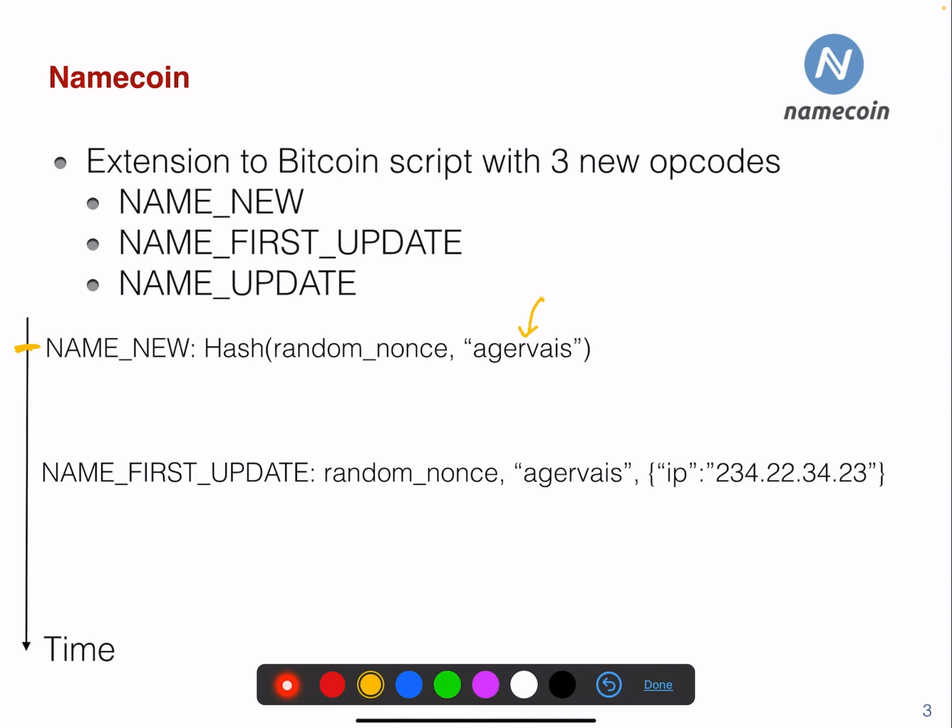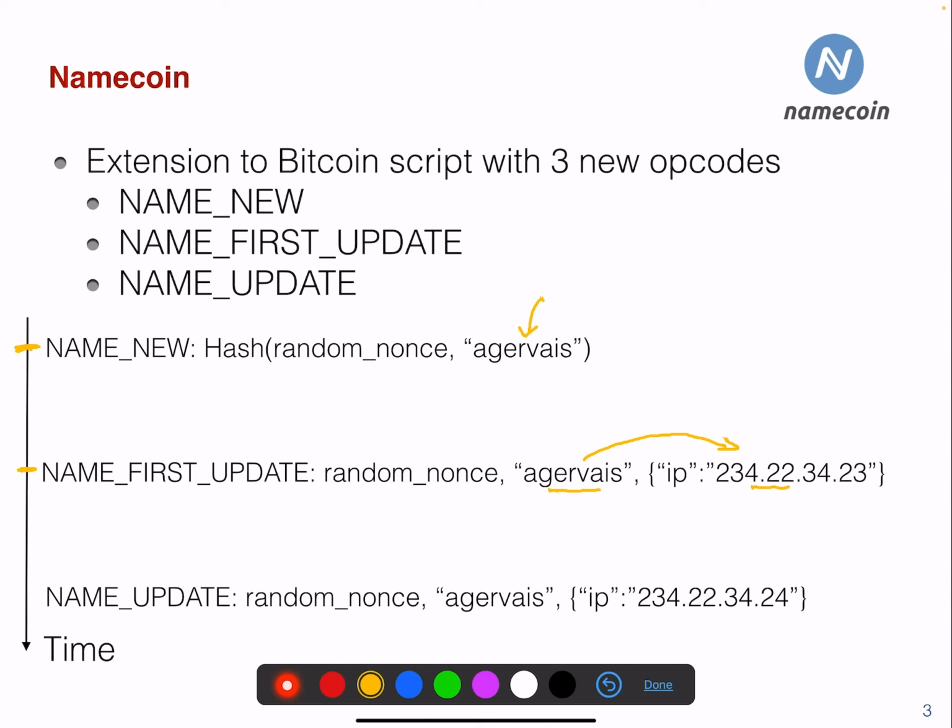Then at some later point in time you issue a second transaction with the opcode name first update. Here you include the random nonce in clear, so this is visible, right? You include the domain name and you include the IP address, such that this domain name will point towards this IP address if you want to resolve this in your browser, for instance.